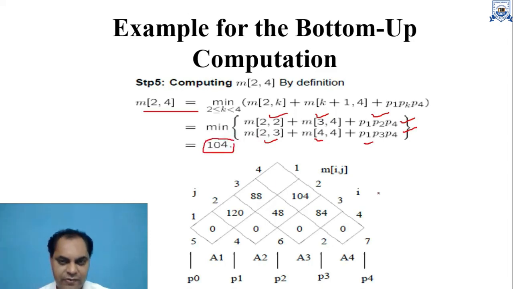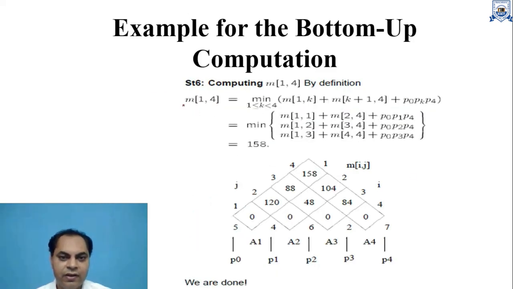Every time we have to find the possible values of k, and based on them we get different numbers of scalar multiplications, and among all those possibilities we find the minimum one.